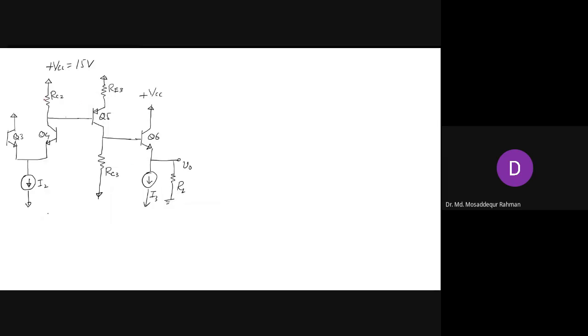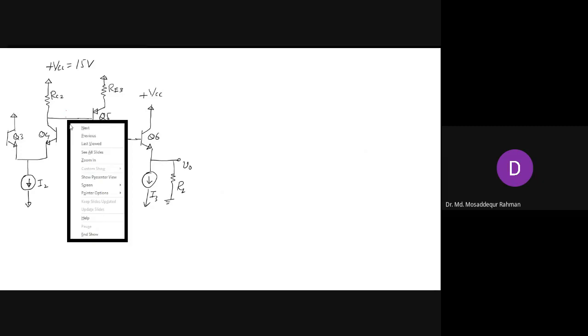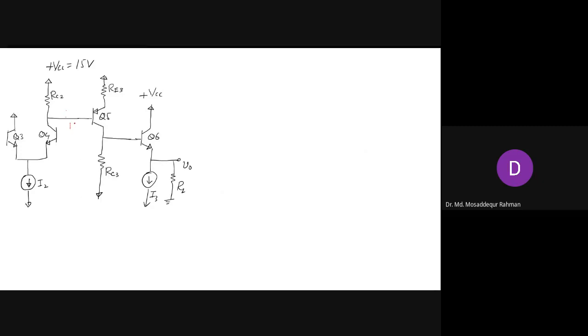So now here, what we have shown is that we get a DC bias voltage of 12 volt, right? 12 volt here. Now this is the circuit that is used to shift the voltage level.